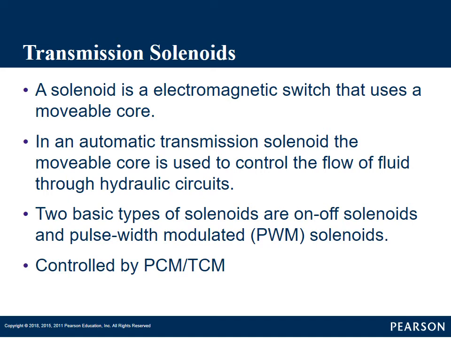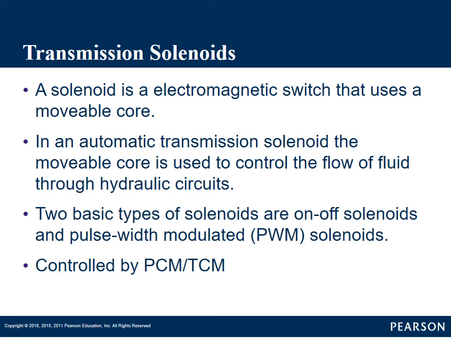Two basic types of solenoids are on-off and pulse width modulated. Almost all our shift solenoids are on-off, where many of our pulse width modulated solenoids are our pressure control or our torque converter solenoids.